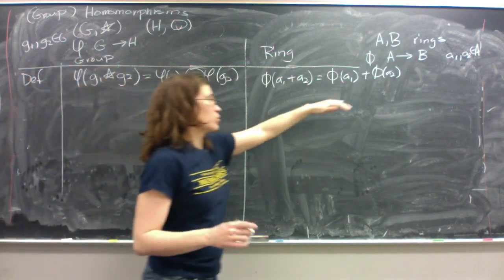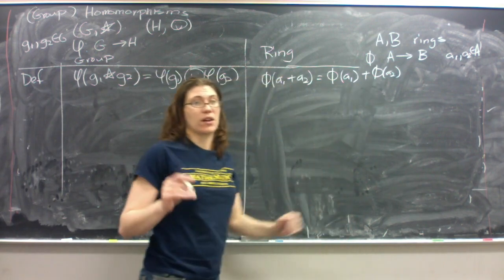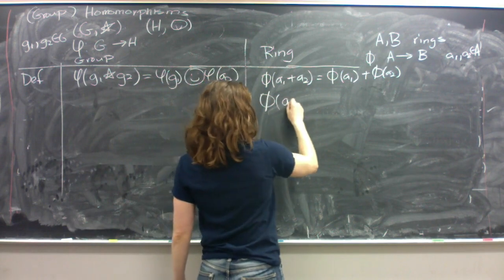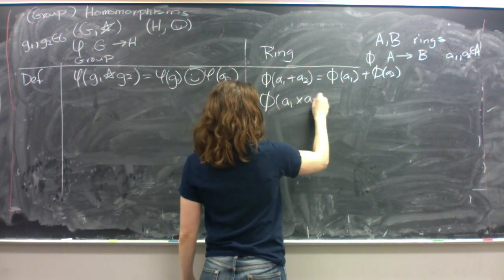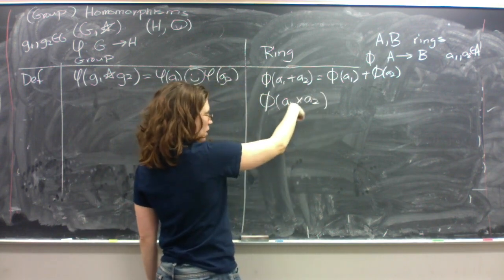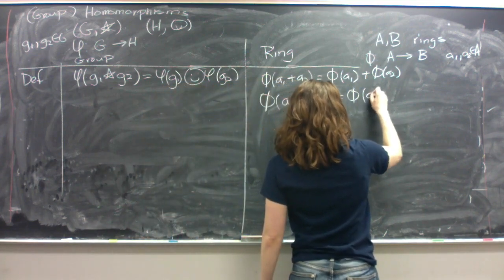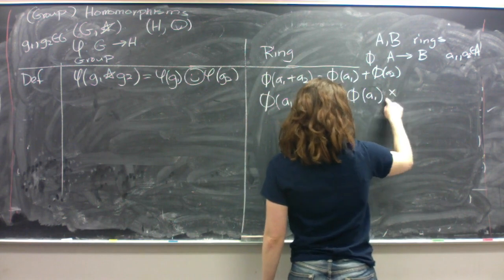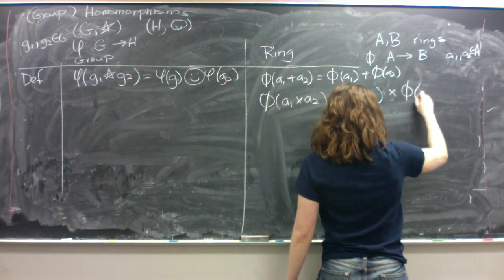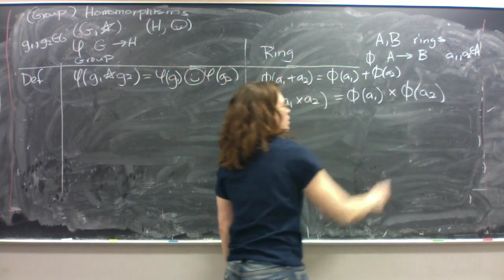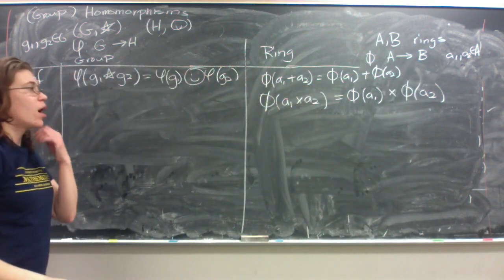We just said, you have to know what ring this is in, and that's what I'm doing here. We also had that phi of a1 times a2, where multiplication means within the ring A, is phi of a1 times, in the ring B, phi of a2.